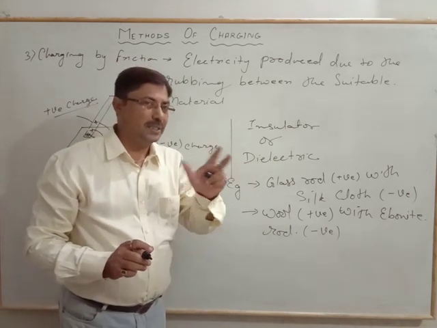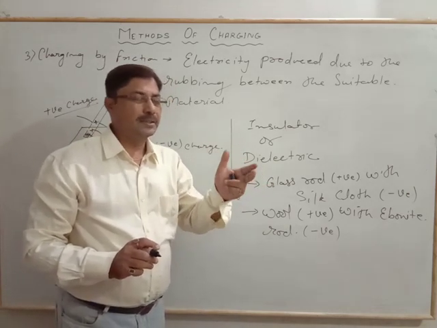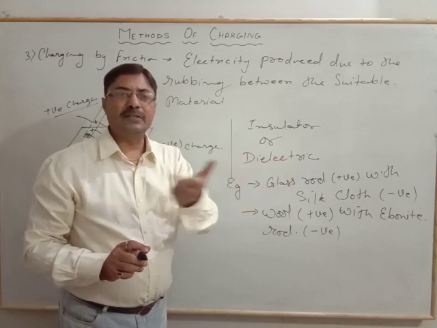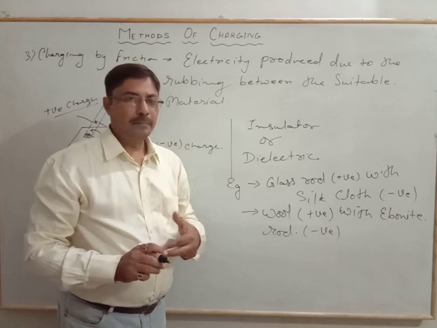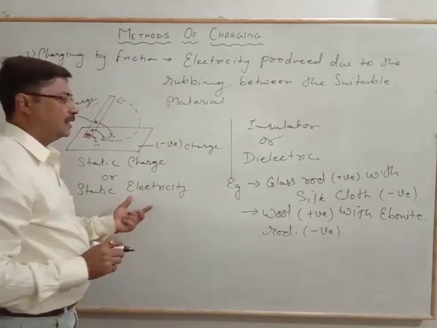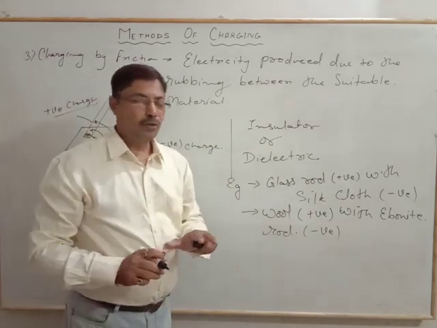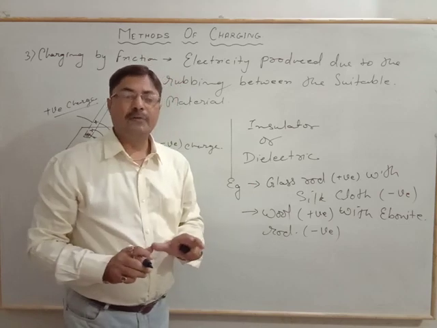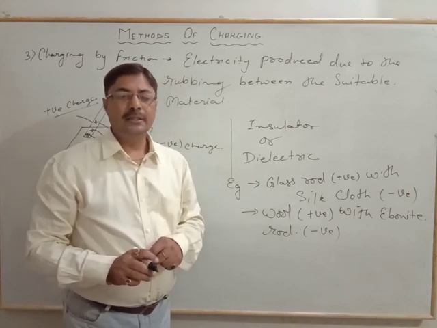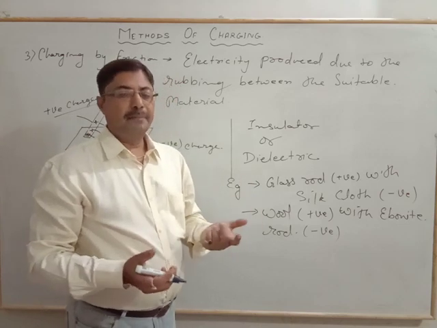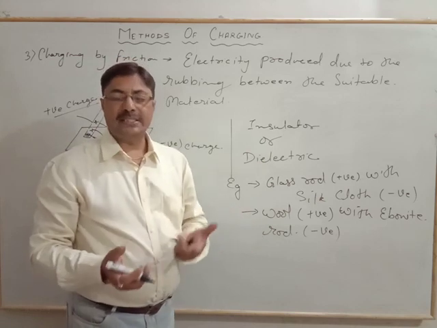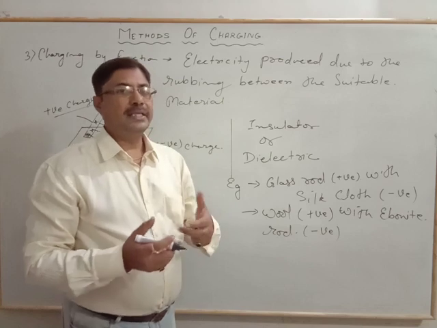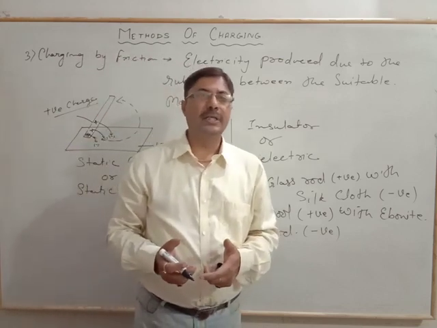It is not with conductors, because if it were, the charge would be conducted from one place to another. But it is static electricity, so that charge will remain. I have given a few examples of suitable materials: wool gets positive and plastic gets negative.